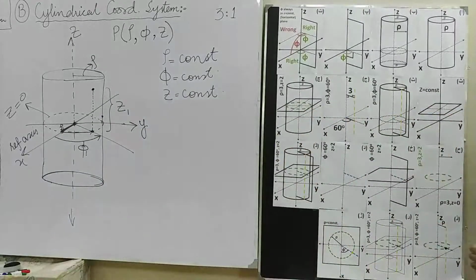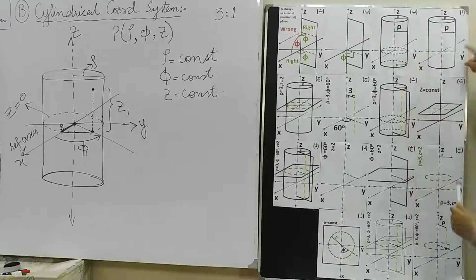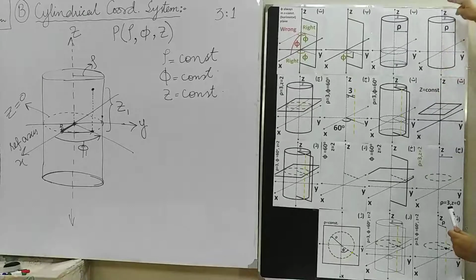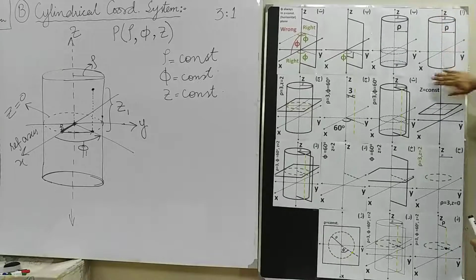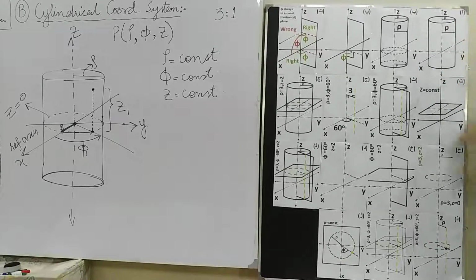Okay, so there we go, diagram number A on the right hand side. In this diagram we have the x-axis here, the y-axis here, the z-axis here, and this cylinder whose radius is rho, whether measured from here or here. This cylinder is nothing but the rho equals constant fundamental surface. Remember that this height is infinite.